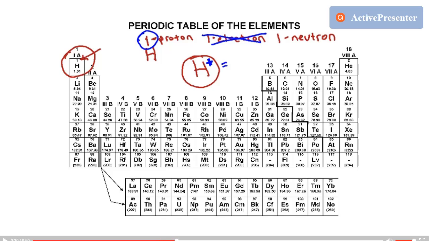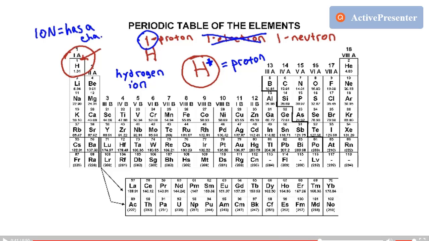So that's why they call H plus a proton, when it's actually just a hydrogen ion. And remember, an ion just means it has a charge. So of course, this would be an ion, a hydrogen ion, because it has this positive charge right here.